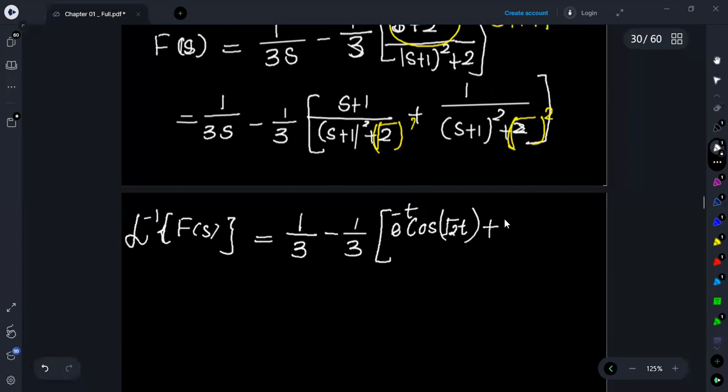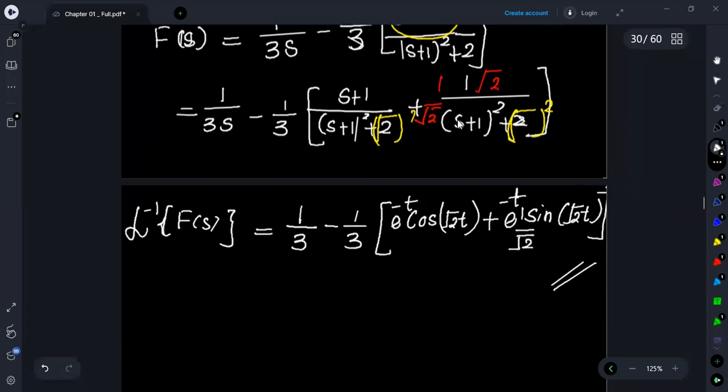Here, sine square root of 2t: since we have the square root of 2t, we have to divide by square root of 2t, so we need to multiply this by 1 over square root of 2. So with that, we can obtain the answer for the first question.